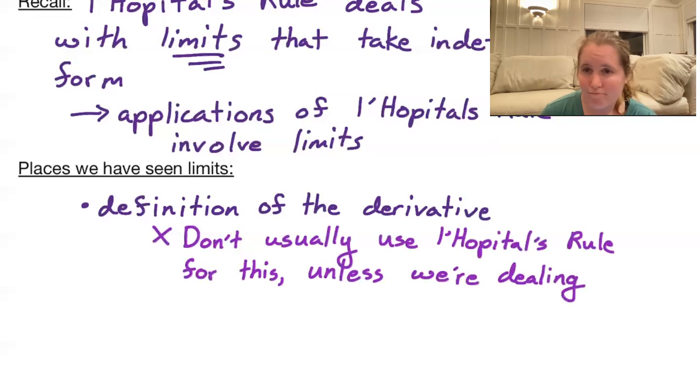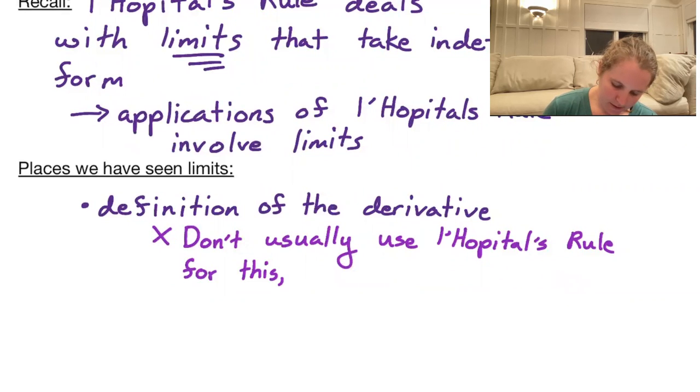But in doing that, we're going to have to take the derivative anyways, right? So ultimately, we're not going to use this.